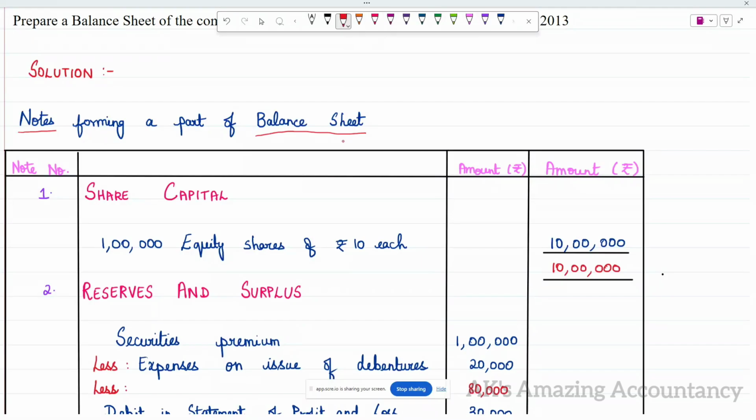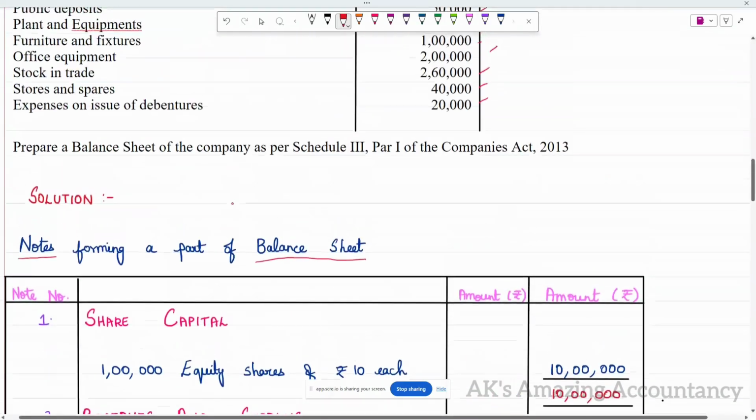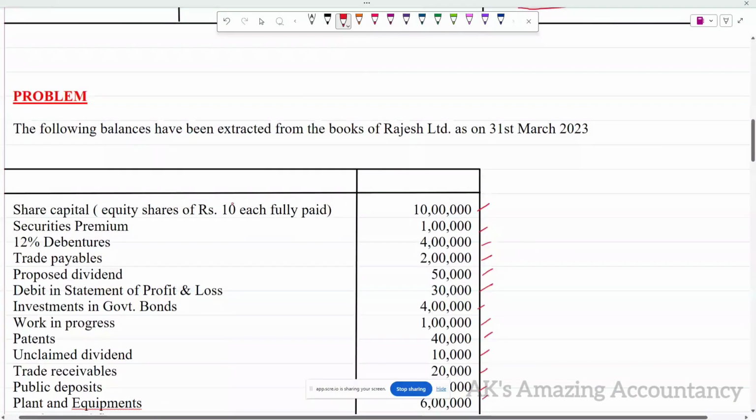So first we have note 1. Note 1 is for share capital. If you have a look at the problem, regarding share capital, this is the very first item we are having. Share capital, equity shares of rupees 10 each, fully paid, 10 lakhs.